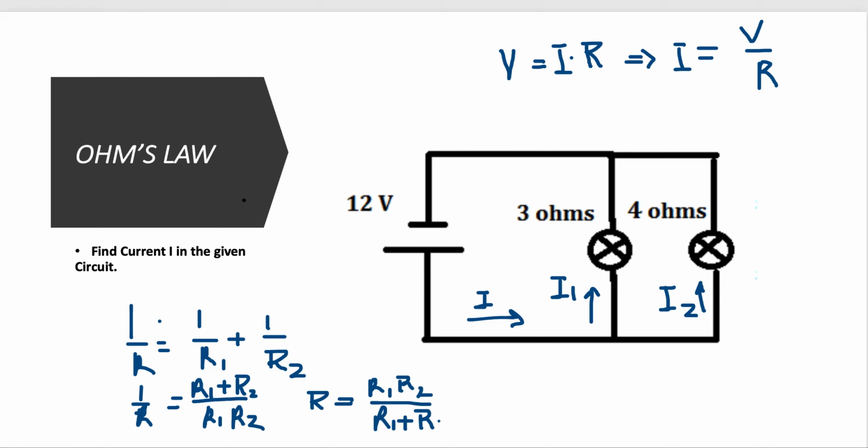Now if we find the total resistance, R1 is 3, R2 is 4. 3 times 4 ohm squared, since ohm times ohm is ohm squared, and down is going to be 3 ohm plus 4 ohm, so 3 plus 4 ohm.